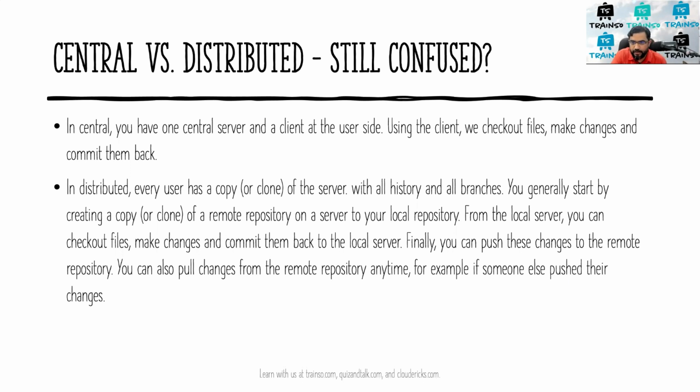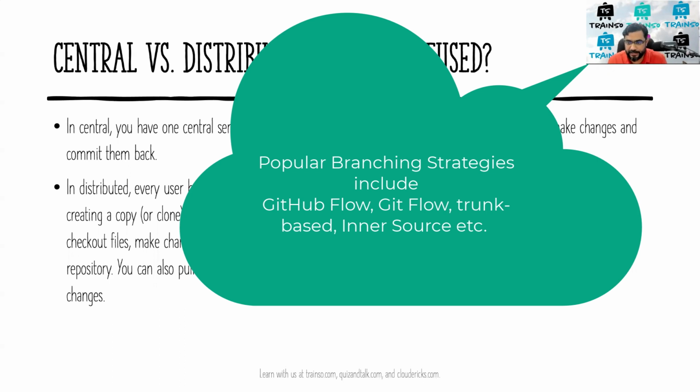And once all the code is tested in these branches, then you can merge this branch into the main branch. So there are different branching strategies that we will see later. There are a lot of things to discuss around these branching strategies. But in summary, it is just creating a copy in the server itself or in the clone itself and then making your changes there without affecting the main line.